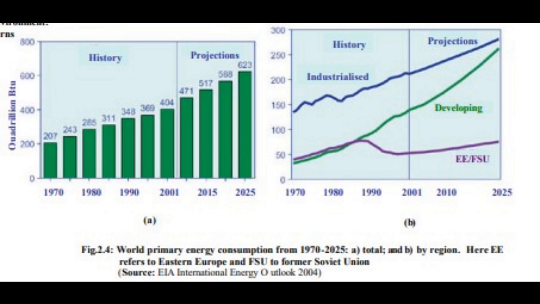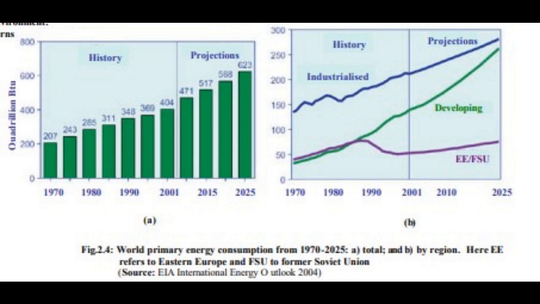2.4 World energy demand and future projection. The total world energy consumption and energy consumption by region from 1970 to 2025 are shown in Figs 2.4a and b. You can see that the world energy demand will continue its rapid growth.